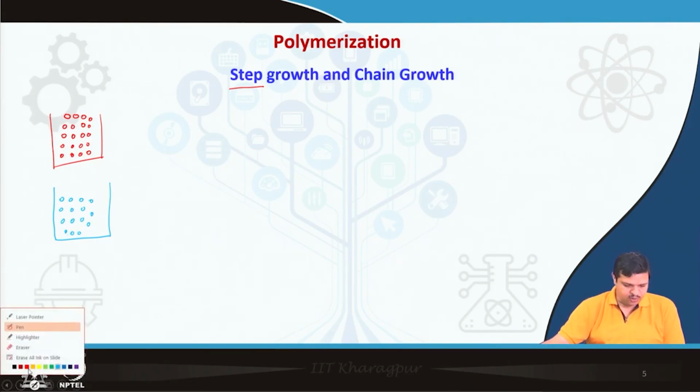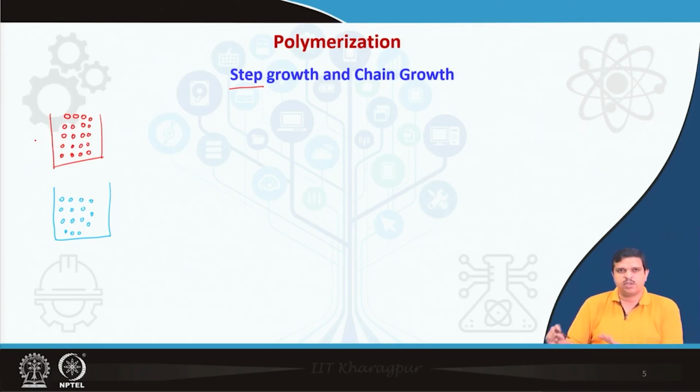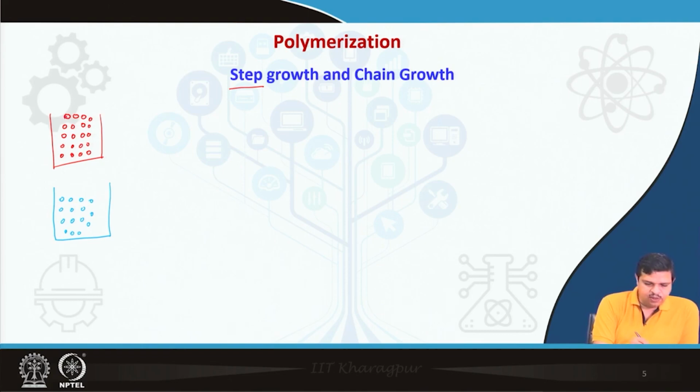First I will try to explain in a very qualitative way what step growth polymerization is. These monomers obviously have to be active. So, there should be a functional group, or we have to make it active. We will discuss that in the later part. Now, if it is active, let us say this is a reactive monomer. It will react with another monomer, so there will be formation of a dimer.